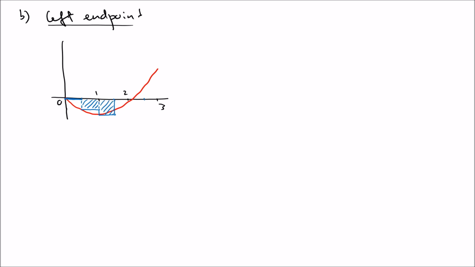And here, the left endpoint is that one. In this interval, what's the left endpoint? It may not be accurate, I think it should be positive, so I'm just using this one. And then here the left endpoint is that one. So that's what you get. You can see they are completely different from the previous one.